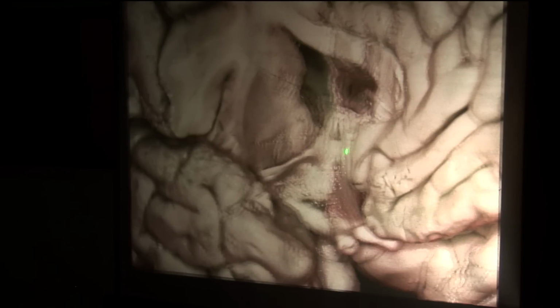The paraterminal gyrus is where the indusium griseum ends. And it's so tiny, but it's so important because it harbors the septal nuclei. Why are the septal nuclei important? Because they are the gateway to the hypothalamus.